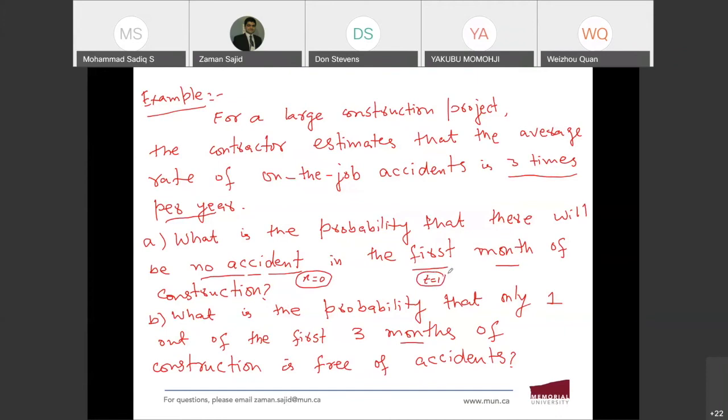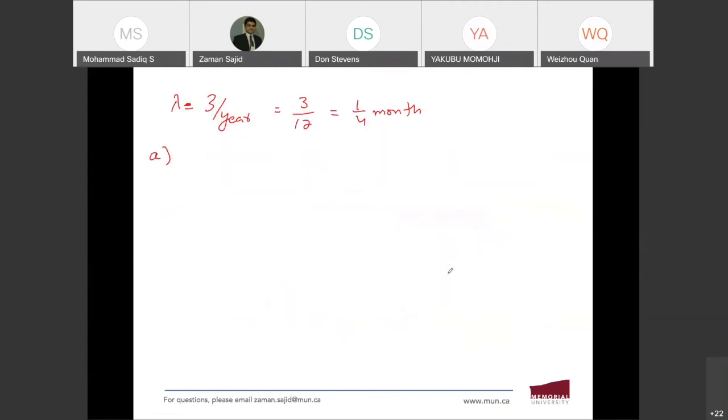So we need to find the probability where X is equal to 0, there is no accident, and the time is equal to 1. That's what we need to find out.